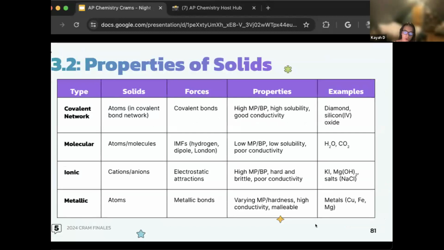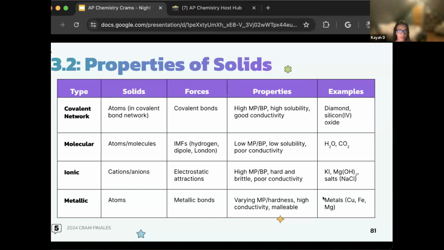The next thing we're going to go over is properties of solids. The different types of solids that you're going to get include covalent network solids, which are pretty much atoms held together by a covalent bond network, so the forces are covalent bonds. The properties of covalent network solids are high melting and boiling points, high solubility, and good conductivity.